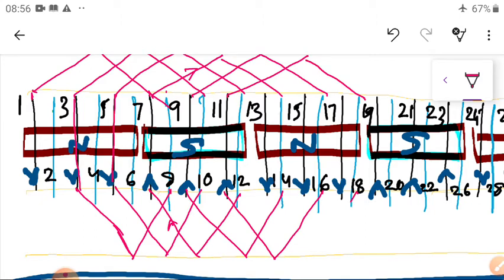Now the 18th is connected to, now the 13th conductor, previously we connected 11, now it is the 13th conductor. Okay, the 13th conductor is connected to, that is the 18th, afterward 20. Okay, so 20 is connected to the next, the 15th conductor.